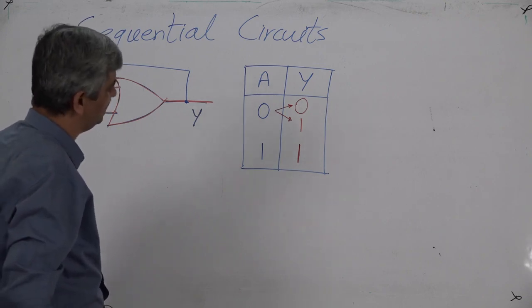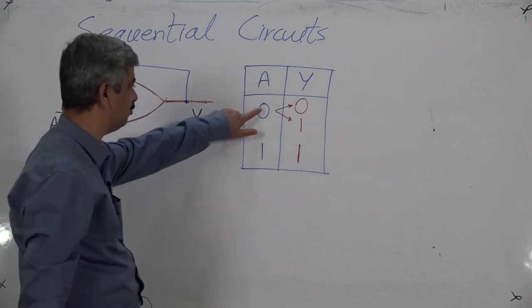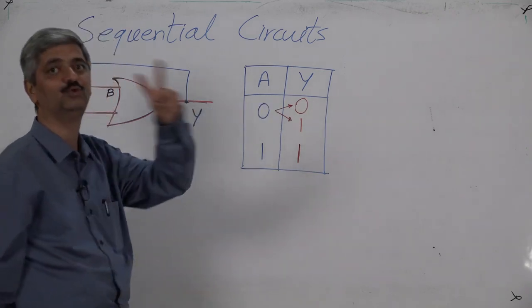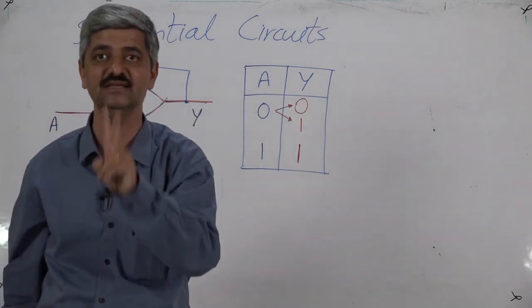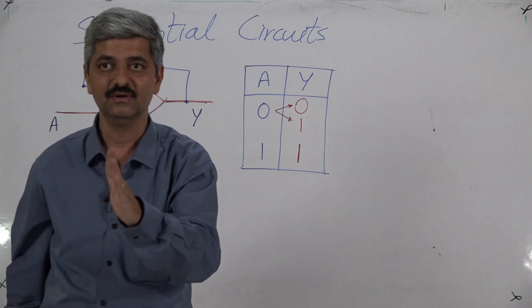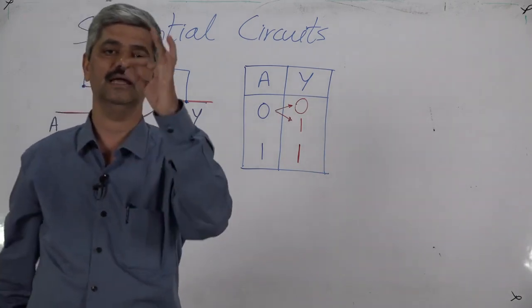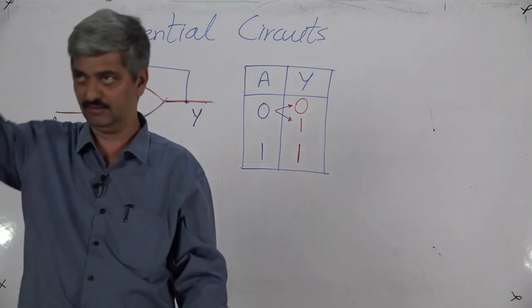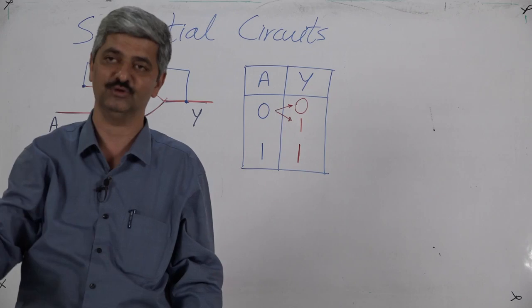Now a situation has arisen where for a single input combination there are two output possibilities, which has never arisen until now. In case of combinational circuits, any output has a unique state for a given input.